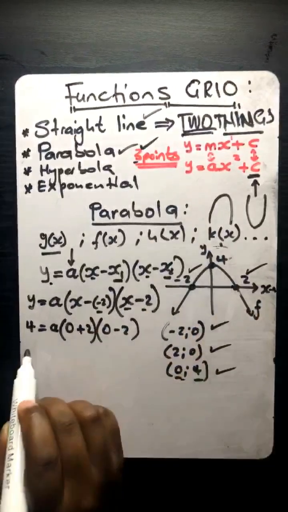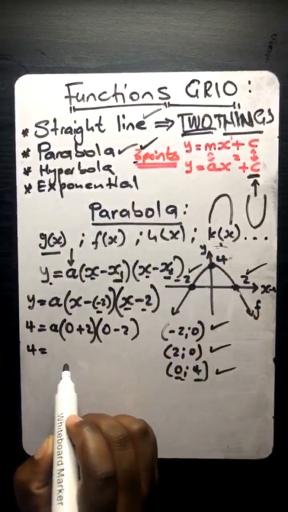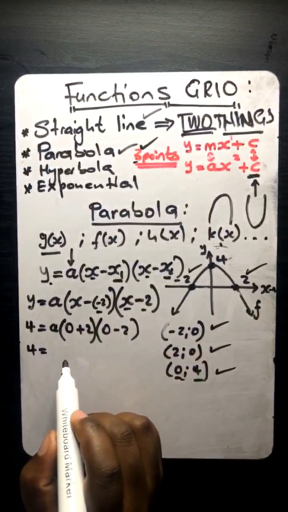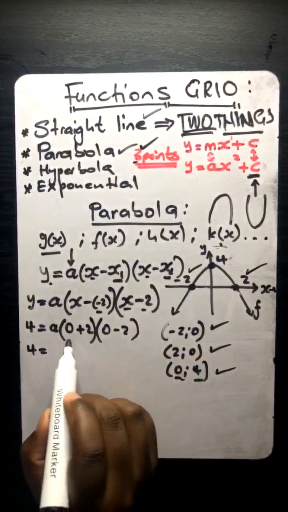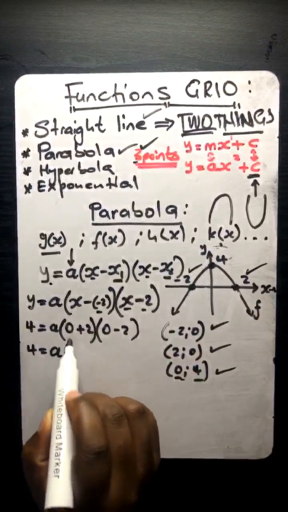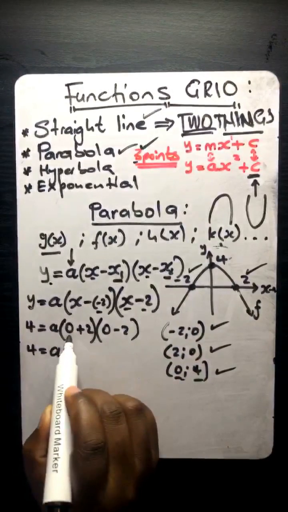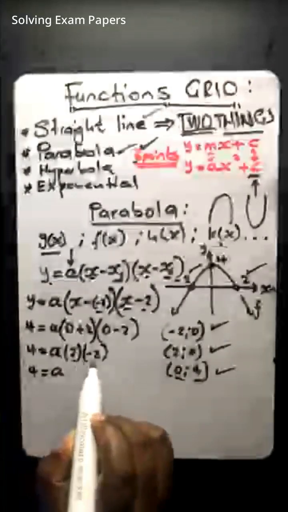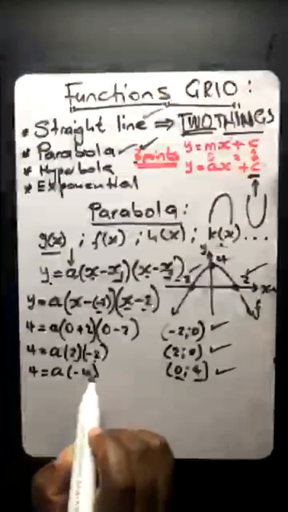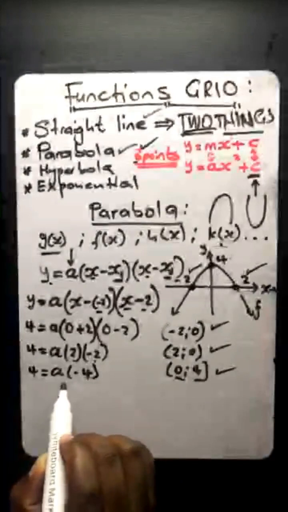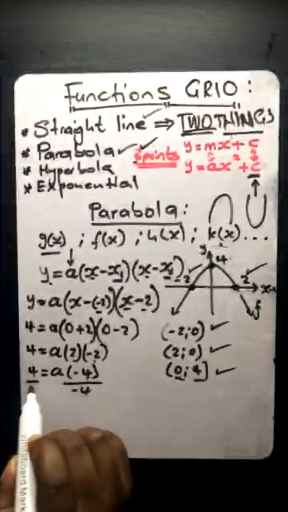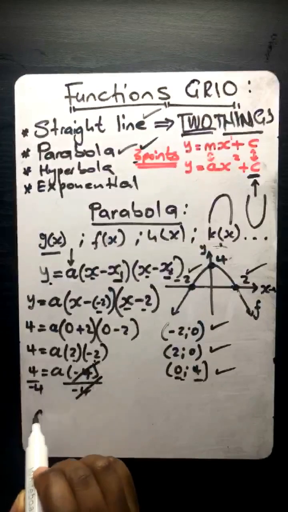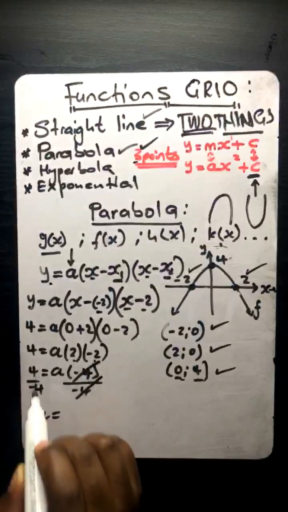So now, can you see? You have a 4, which is equal to a times, this thing is the same as 2, and this one is the same as -2. So it's more like you have 4 equals a, that times that, it's actually -4. So you can just divide by -4 on both sides. That cancels that, meaning your a is equal to, what is that divided by that?